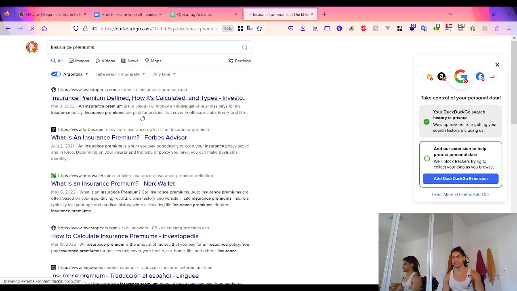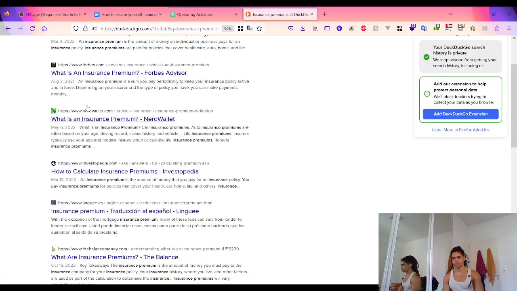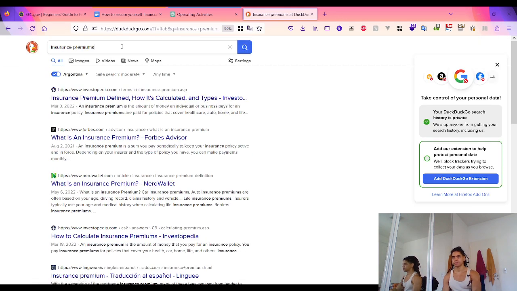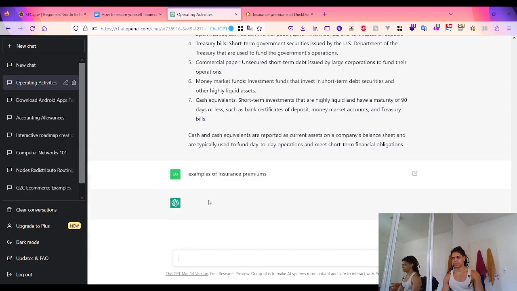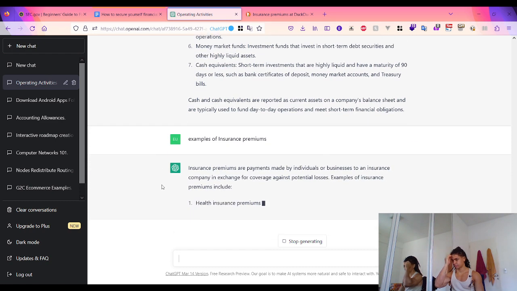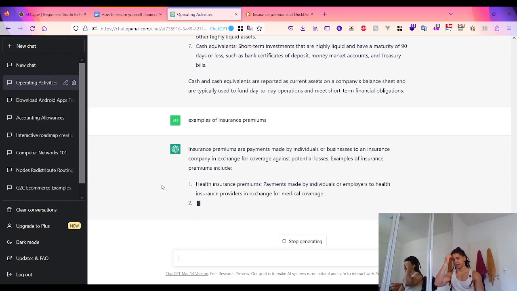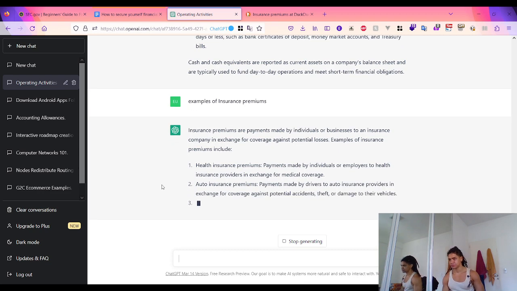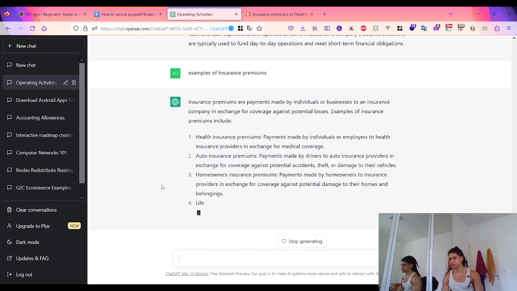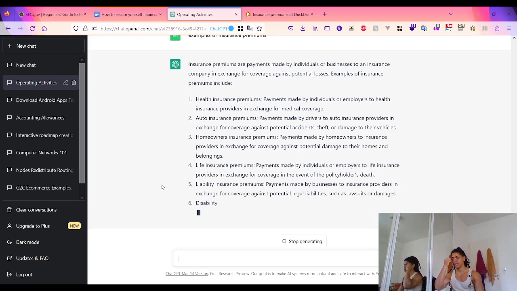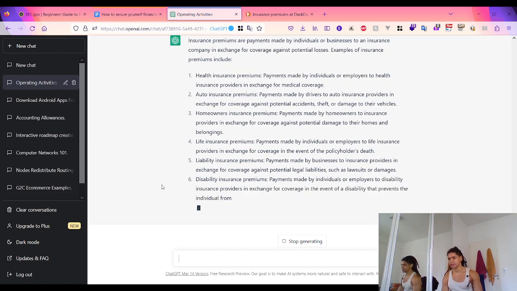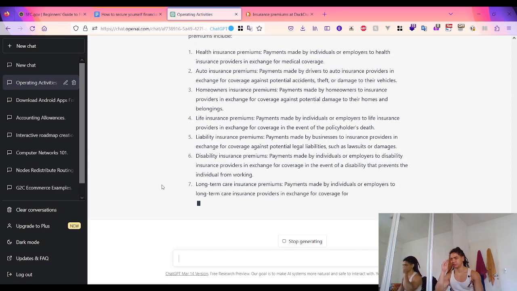Here are examples of insurance premiums: health insurance premiums, auto insurance premiums, homeowners insurance premiums, life insurance premiums, liability insurance premiums, disability, and long-term care insurance premiums.